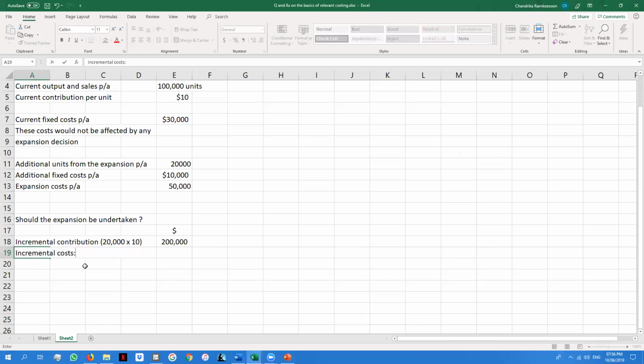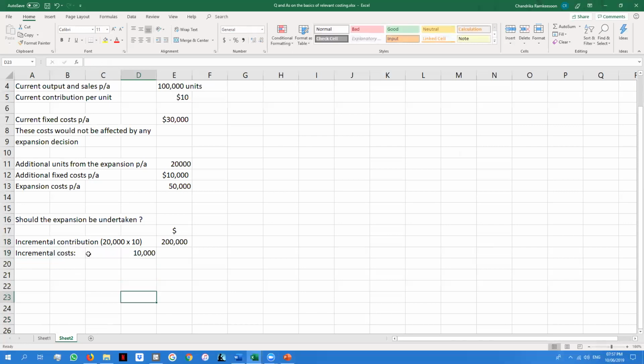If XYZ goes ahead with the expansion, will the $10,000 be incurred? The answer is yes. So it will be affected as a result of the decision, and obviously it's a future cost, and it is a cash flow also, 10,000. So I would put 10,000.